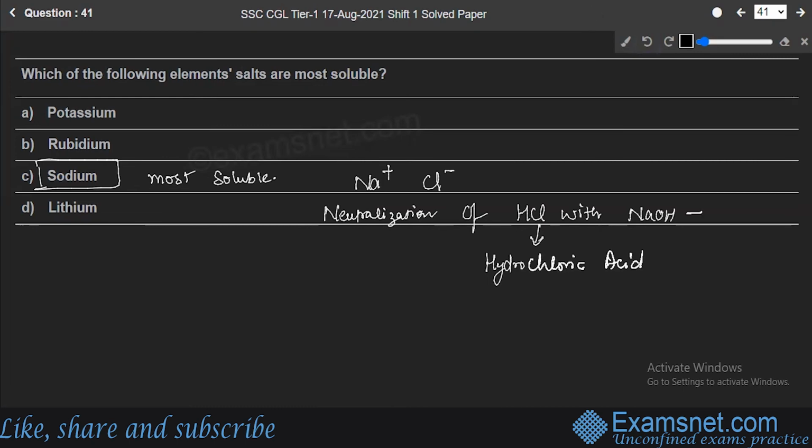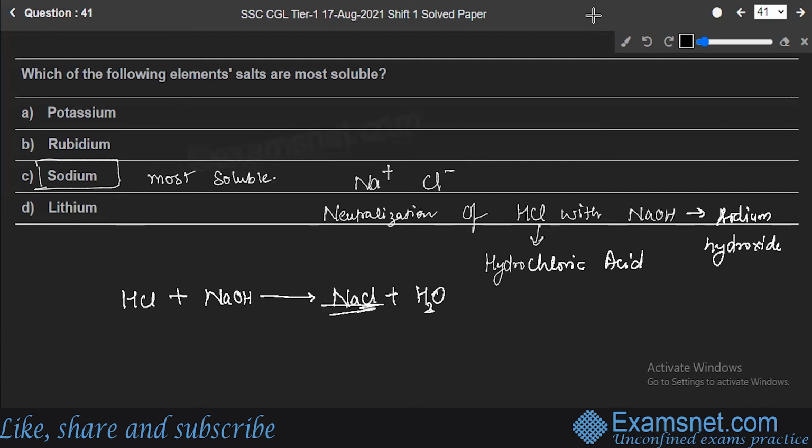See, HCl plus NaOH gives you NaCl plus water. So here's your salt, right? So option C, sodium, is the one, your answer.